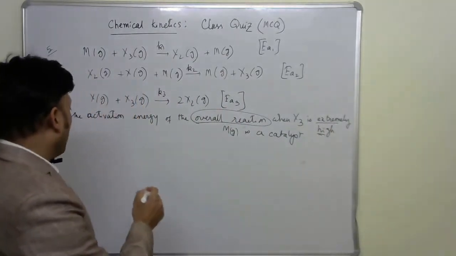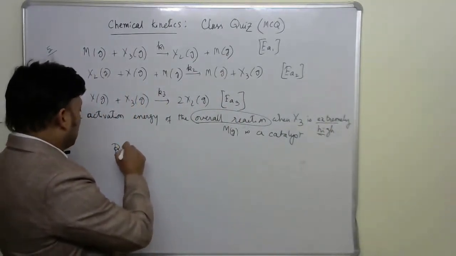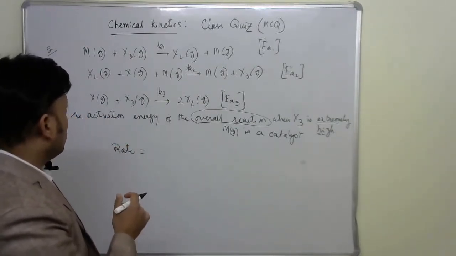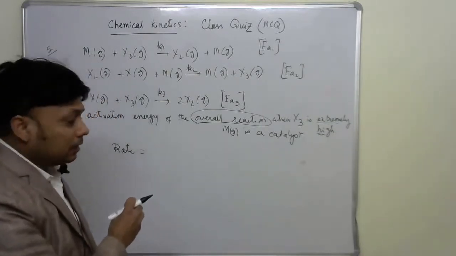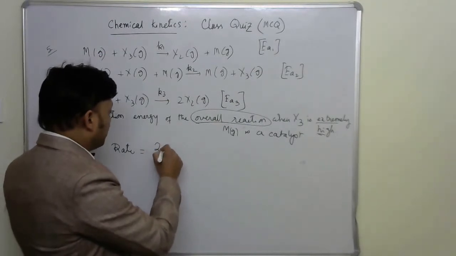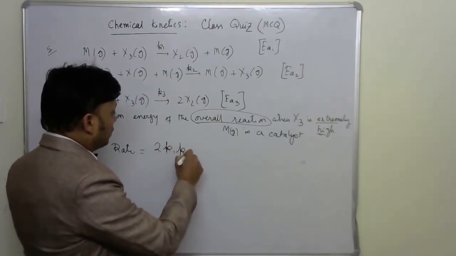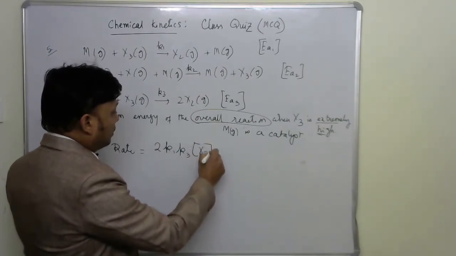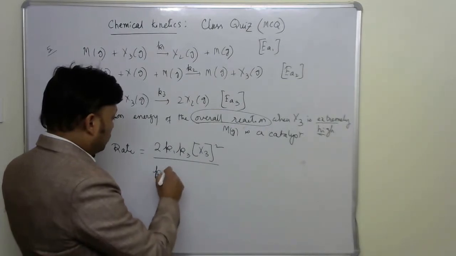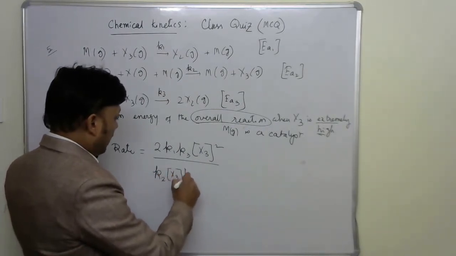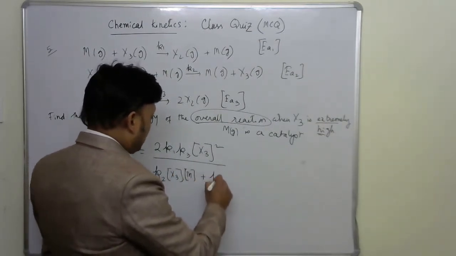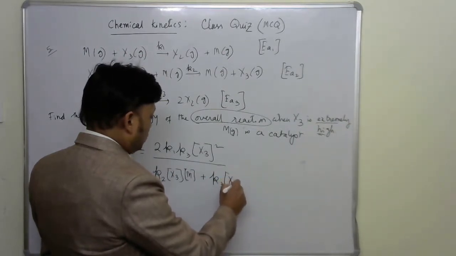Therefore we have to find out the rate law for this entire overall reaction. If we apply the concept of steady state and do all our calculations correctly, we would end up with an expression something like this: 2 k1 k3 multiplied by x3 whole square divided by k2 x3 multiplied by the concentration of M plus k3 x3.